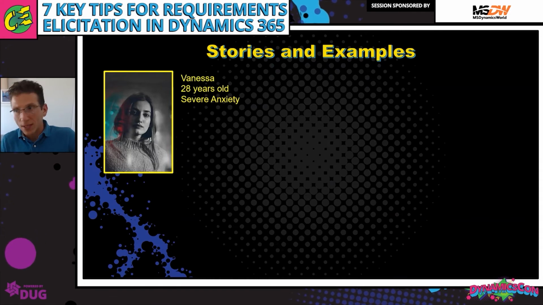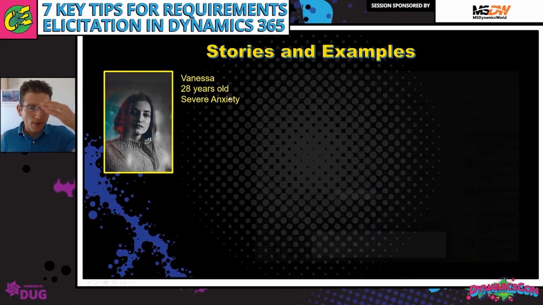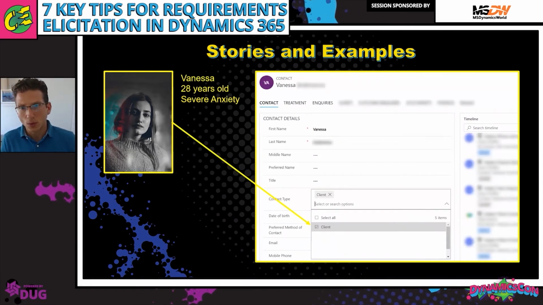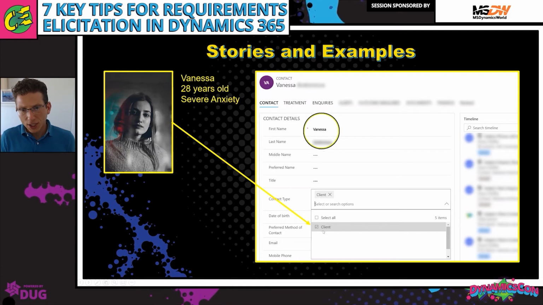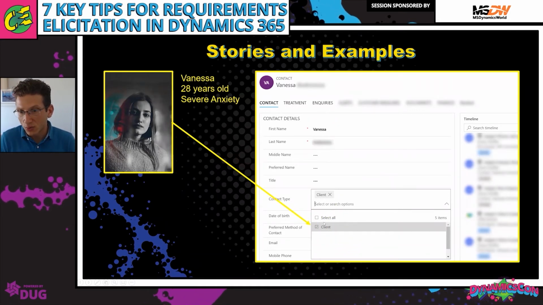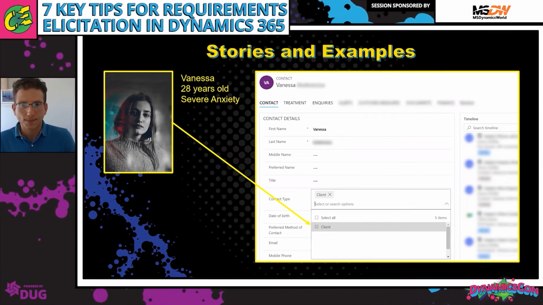So let's imagine one of your clients, Vanessa, has severe anxiety. In Dynamics 365, you will create Vanessa, and she will be of type client, because you are now treating Vanessa, so she is one of your clients.